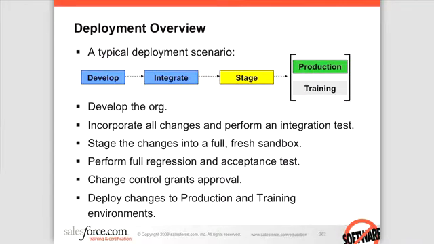It could be changes to things like workflow rules, custom objects, fields, and so on and so forth. Then in our staging environment, we might perform yet another set of tests. We might be doing load testing, user acceptance testing, regression testing, testing of specific new features. So there are many different types of tests that you can perform associated with the deployment process.